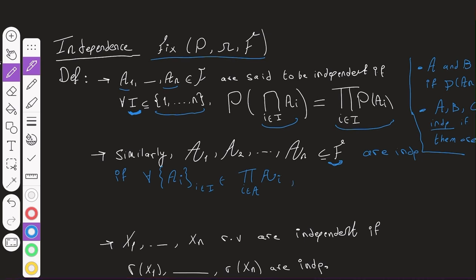Then we must have that the probability of the intersection of these is the product of the probabilities.